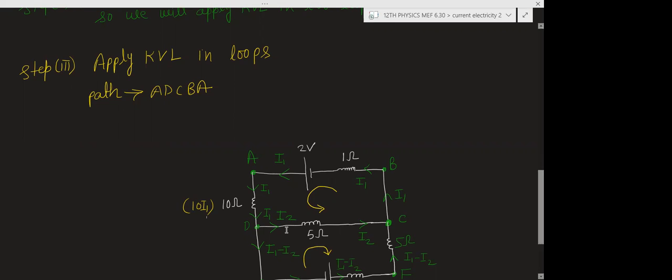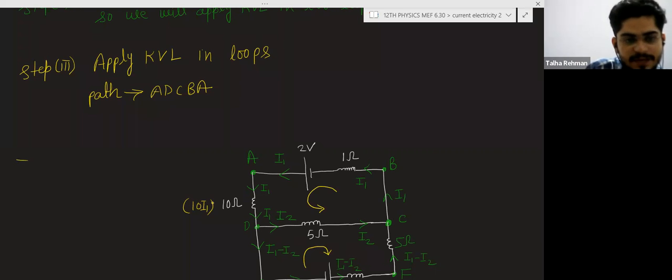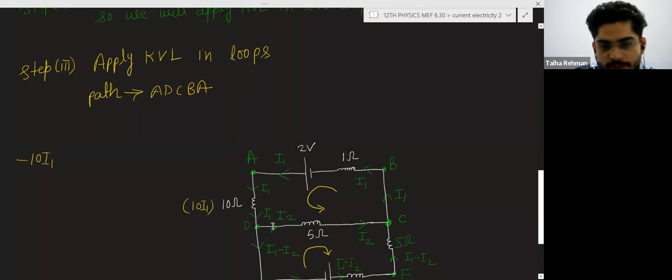So when you are moving from A to D, you are moving in the direction of the current, so you will take this 10 I1 as negative, minus 10 I1. Now you will move from D to C. From D to C, what is the current? I2, and what is the resistance? 5. So you will write minus 5 I2, because you are moving in the direction of current.